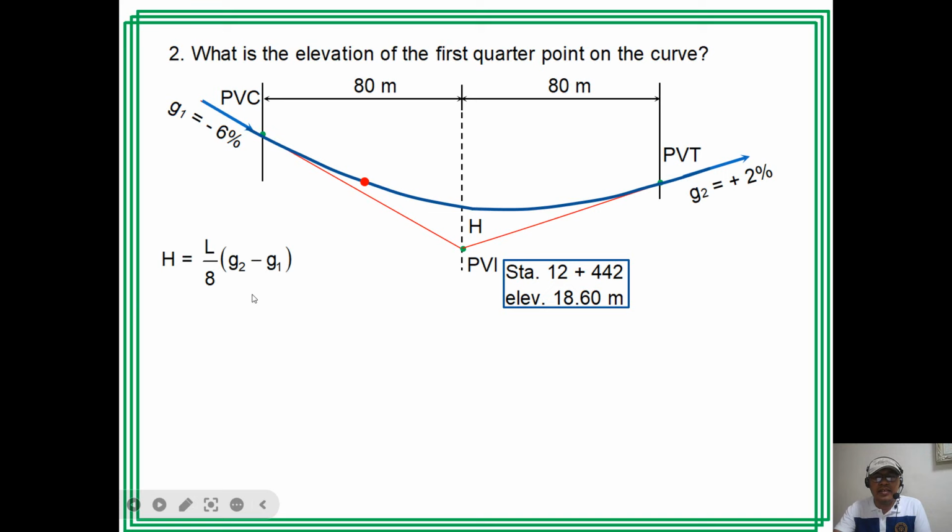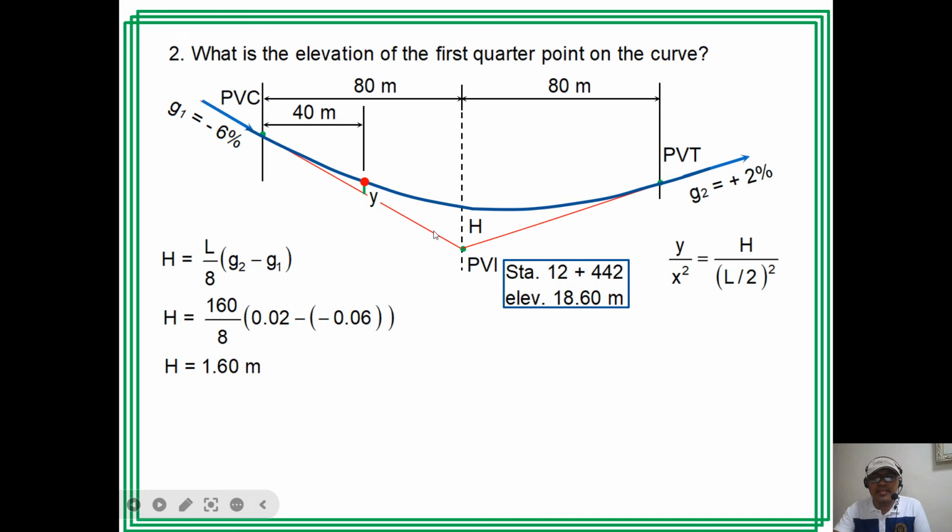Okay. So, I have H already. I have solved H already. That is 160 from the first. Then, I have here Y. Then, distance 40. So, for the elevation, I can solve for Y over X squared equal to H over L over 2 squared.